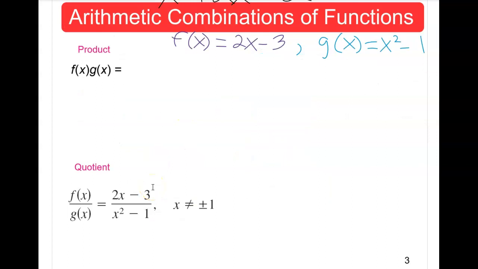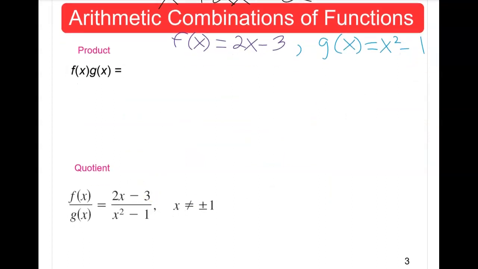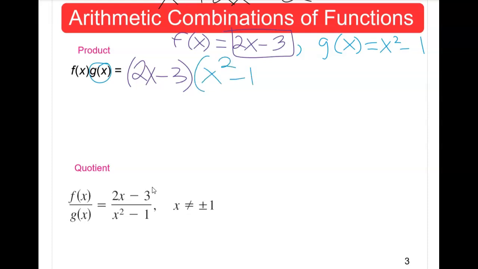The next combination is going to be the product of f of x times g of x. So I'm going to write down f of x in parentheses, the expression here. And then for g of x right here, it's also going to be multiplying, so we're going to have parentheses as well.